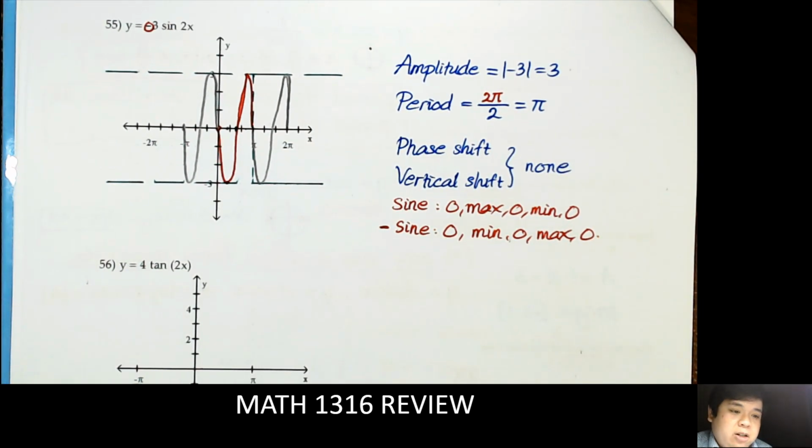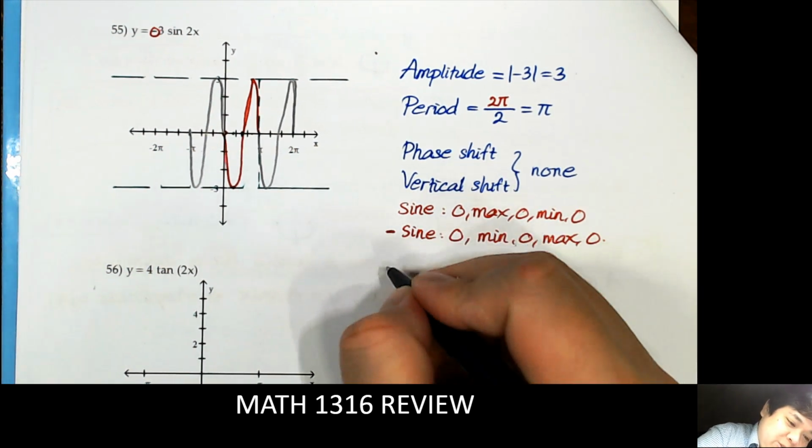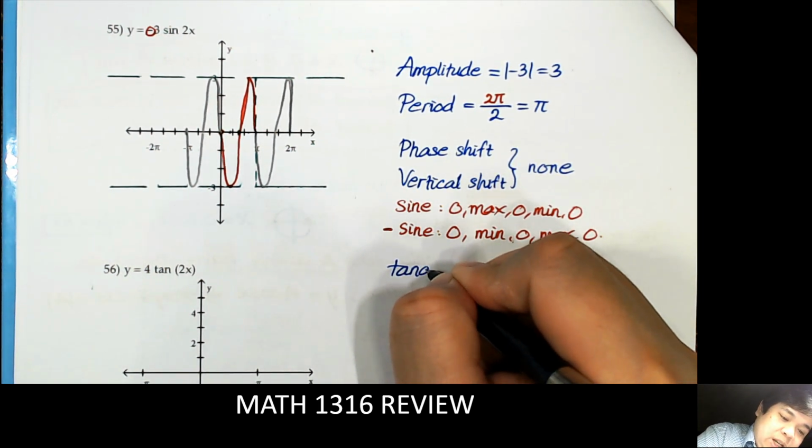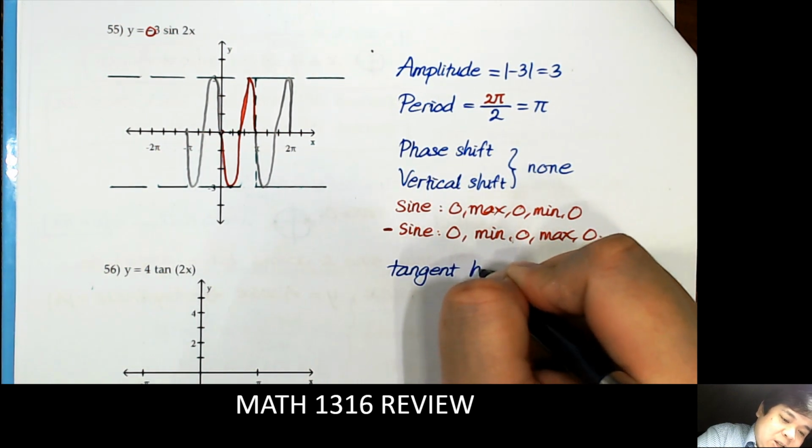Now the graph of the tangent. Right, amplitude. Tangent has no amplitude, so that doesn't help at all. So we say tangent has no amplitude.